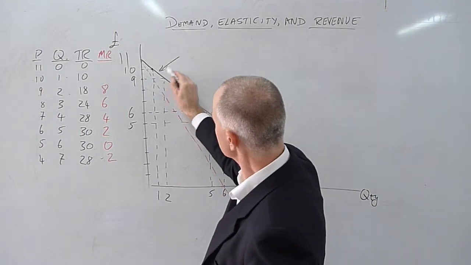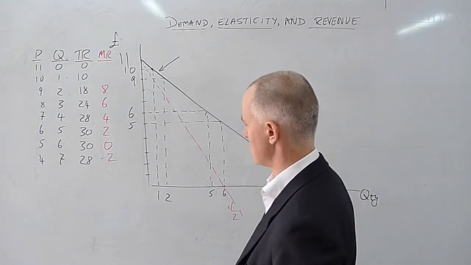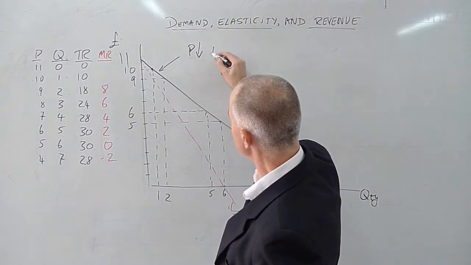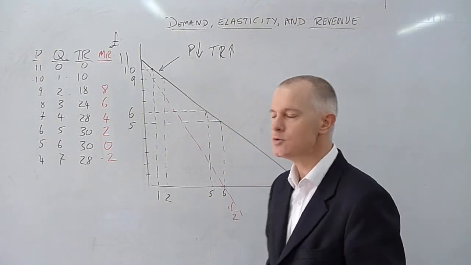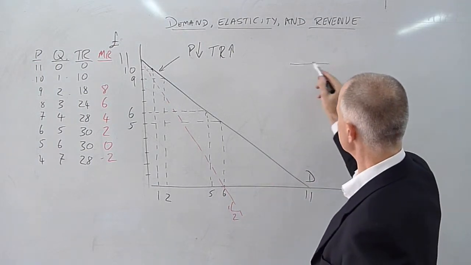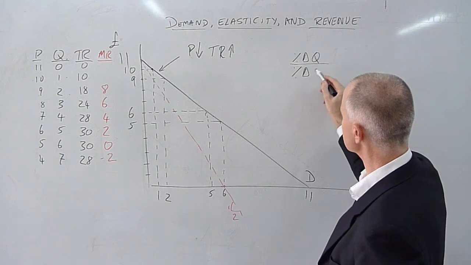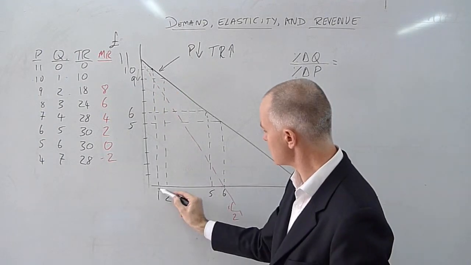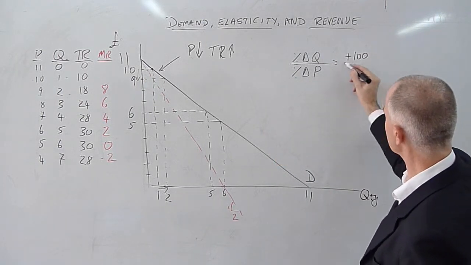At this point on a demand curve, demand is said to be elastic because a price cut leads to an increase in total revenue. Using the formula for price elasticity of demand, percentage change in quantity over percentage change in price, we might see that a price cut of 10% leads to a quantity increase of 100%.